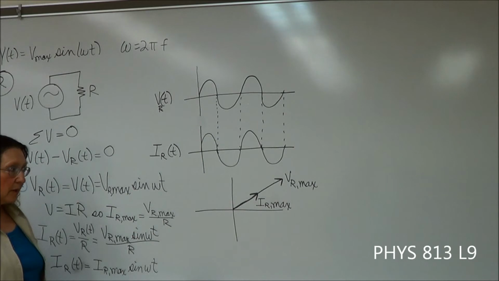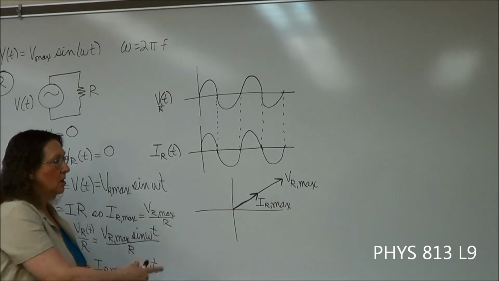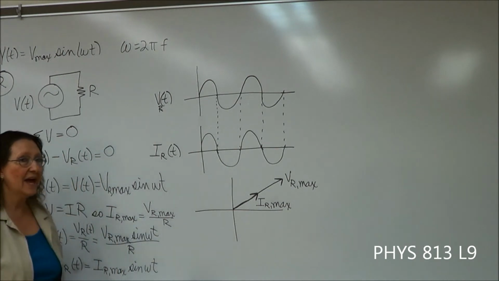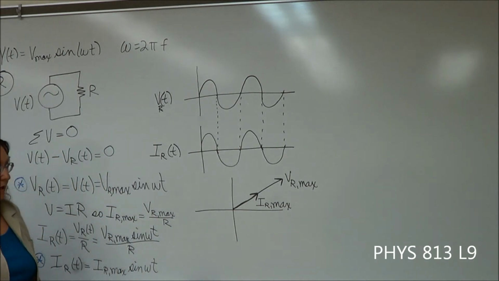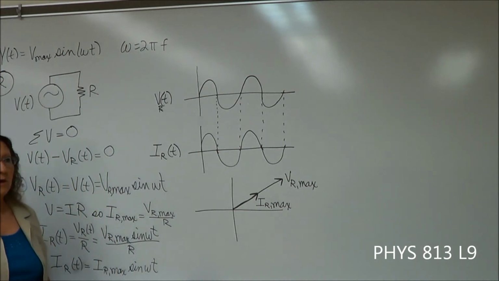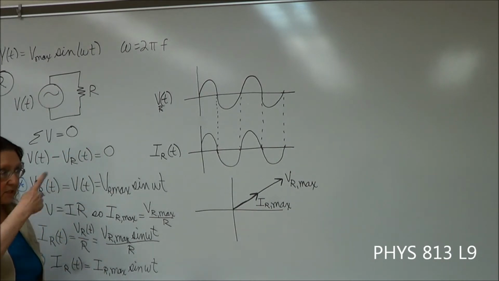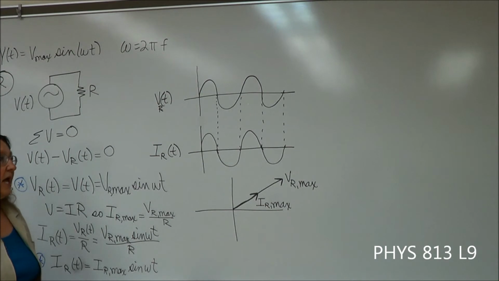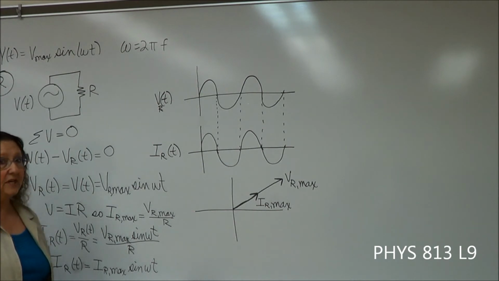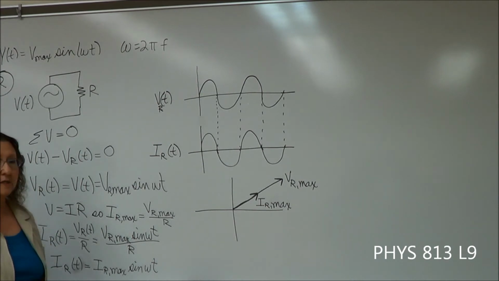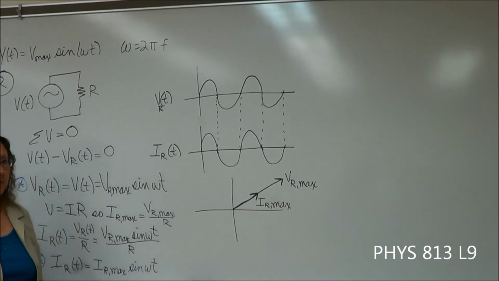Now, there's a problem because you aren't going to be able to measure current or voltage at a particular instant, because if we have 60 cycle voltage, it's making 60 circles in a second, and so your meter or you are not going to be able to physically measure anything at a particular instant.